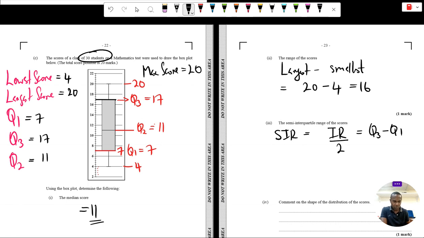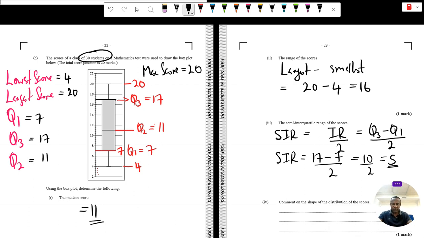And therefore, the semi-interquartile range is Q3 minus Q1 divided by 2, which is equal to 17 minus 7 divided by 2, which gives us 10 divided by 2, which is equal to 5. All right? So that there is equal to 5.